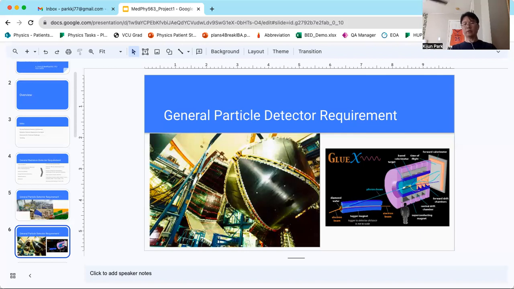And there is the GlueX detector, which they built a couple of years ago, focused on generating high energy photons and catching the gluonic component of the object, explaining the gluon GPD contributions through the experiment.